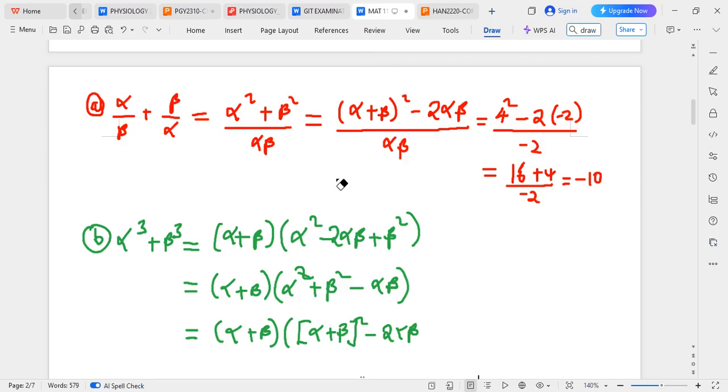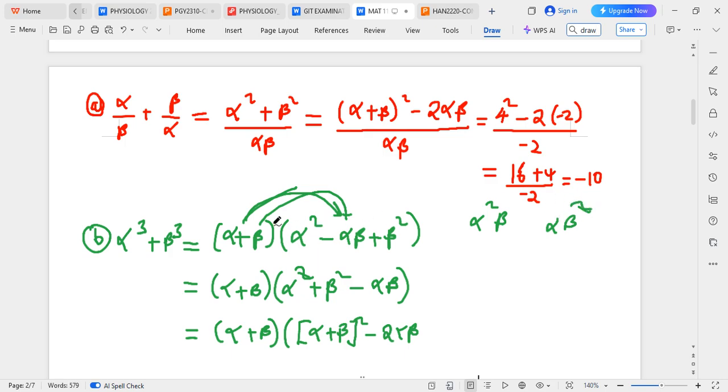Actually, let me do this. In case you get confused like I am now, you can just do a simple test. Just multiply. If you multiply this, it's going to give you alpha squared beta. If you multiply the second one with this, it's going to give you alpha beta squared.